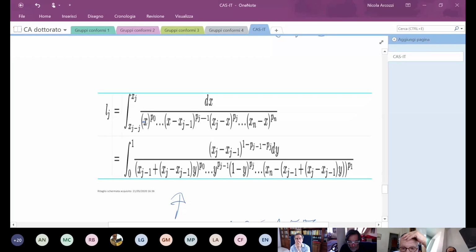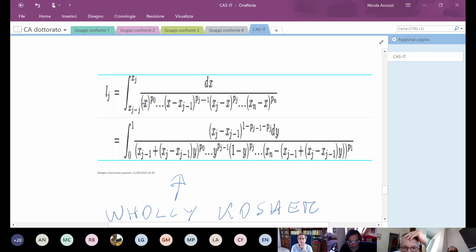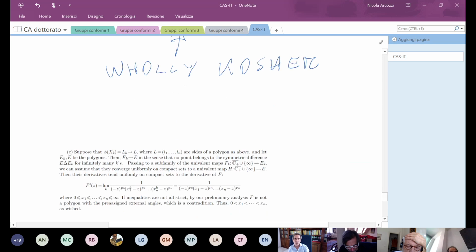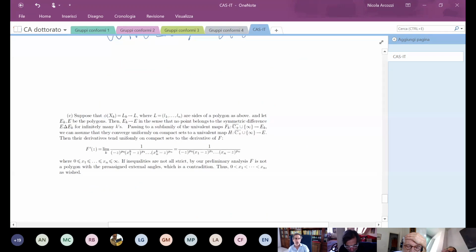You make a change of variables, so you get an integral between 0 and 1, and then you see that the xj's appear where they create no problems, and since xj is bigger than xi, they are never equal. Okay, so you can take a derivative with respect to xj, and everything works. Okay. Great.